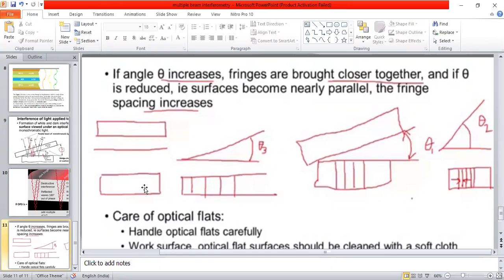Like this, using these fringes, we check the surface topography, whatever the roughness or wavy nature on the surface. Due to this, surface topography can be checked in multiple beam interferometry.